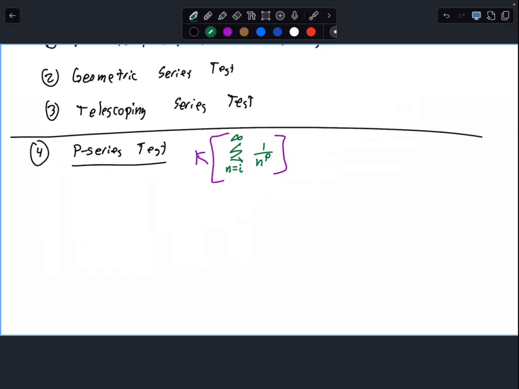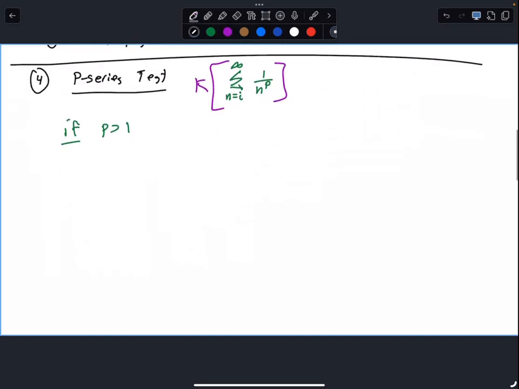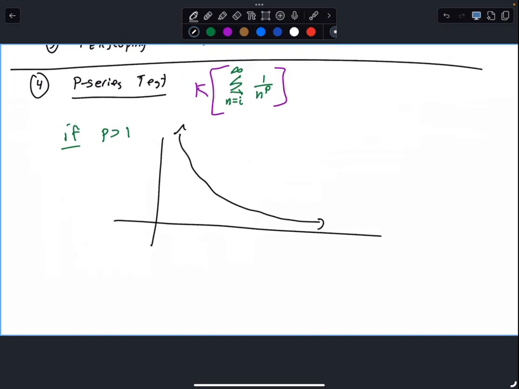And in going over this series, 1 over n to the p, we're going to talk about the scenario of what happens if p is greater than 1. So if p is greater than 1, then the visual of what we are looking at is going to look like this right here. This is the graph y equals 1 over x to the p, which we can define as our function f of x.